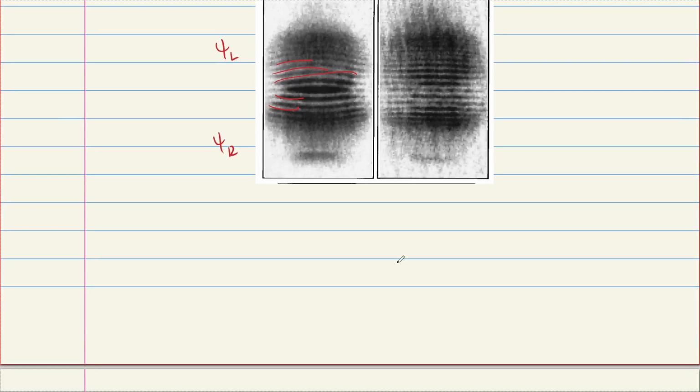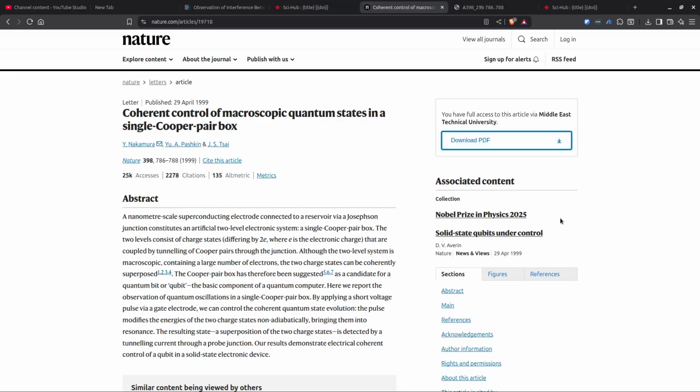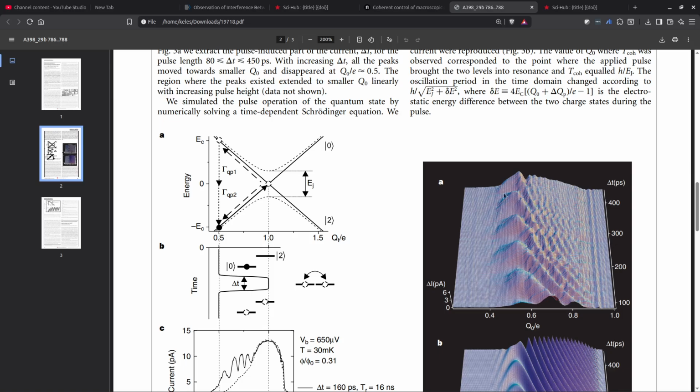So the second one is closer to what we have been talking about today, the so-called Nakamura 1999 so-called Cooper pair box. I think I also opened it somewhere here. So this one.